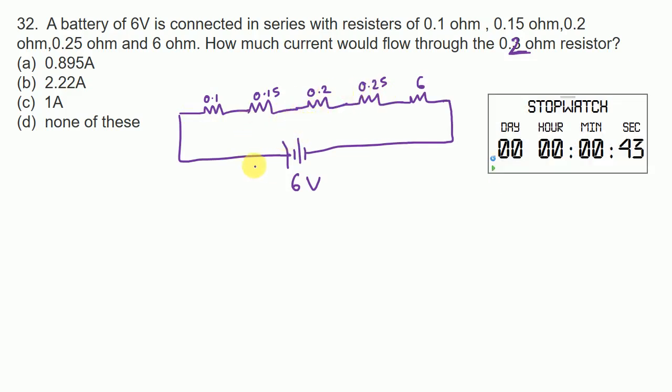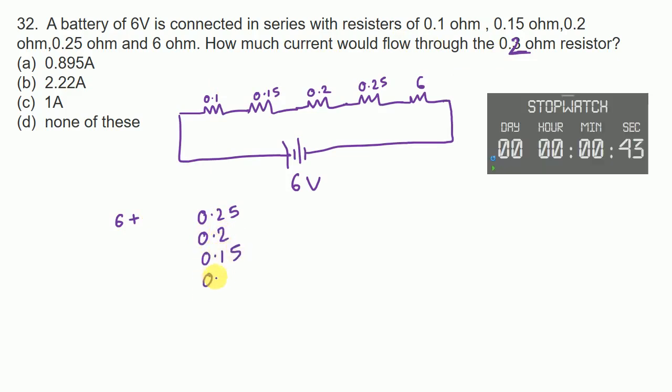So we just need to find the equivalent resistance. 6 plus, we add all of them, 0.25, 0.2, 0.15 and 0.1. What will you get? 0.7. So it will become 6.7 ohm.